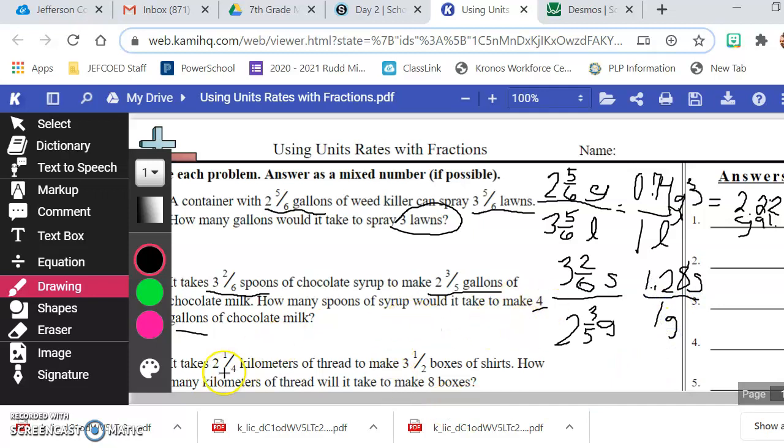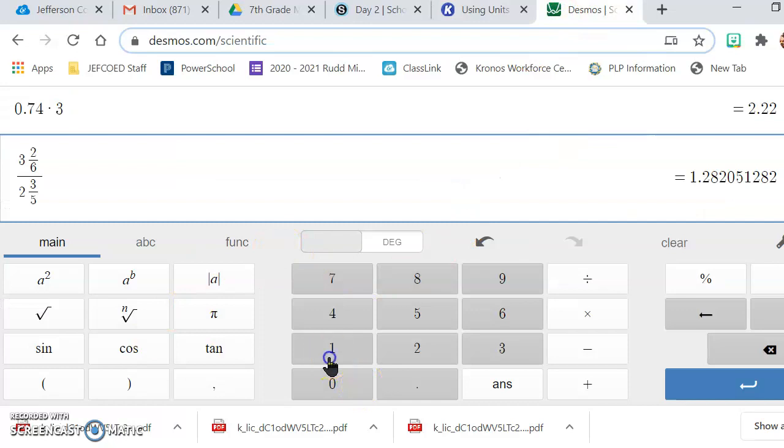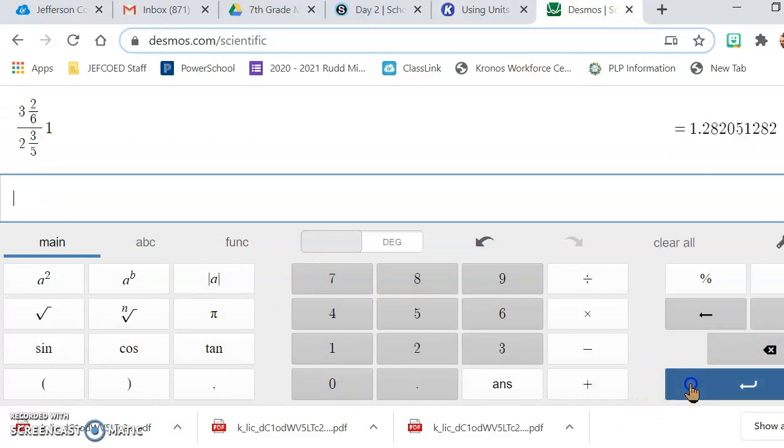However, the problem asks us for 4 gallons of milk. So just remember, in this case, we're going to multiply it. That's 1 gallon. We're going to multiply it times 4 for 4 gallons. So 1.28 times 4.